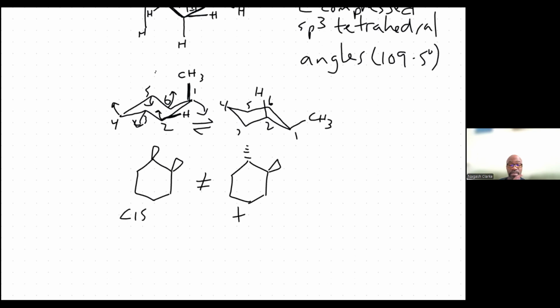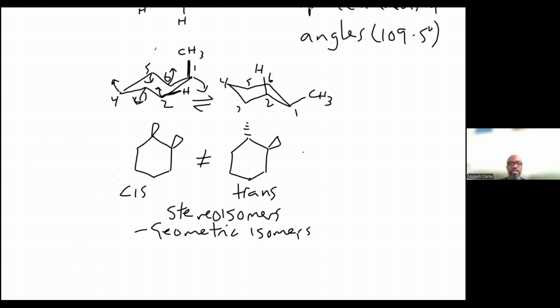So with rings, I cannot rotate from a cis to a trans. I have two different compounds. So we call these stereoisomers, which is a whole other video by itself. And this specific one is geometric. Cis trans are called geometric isomers. That's what I'm pointing out.